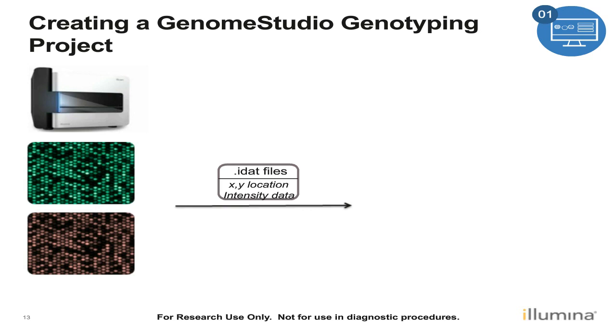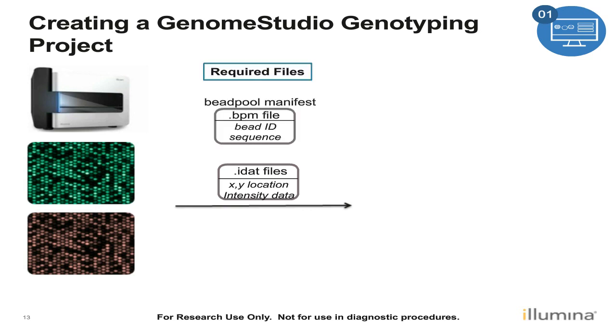Another required file is a bead pool manifest, or .bpm file, which contains the bead ID and sequence information. Basically, what GenomeStudio does is combine the intensity values from the IDATs and correlate them with the probe information in the bead pool manifest.